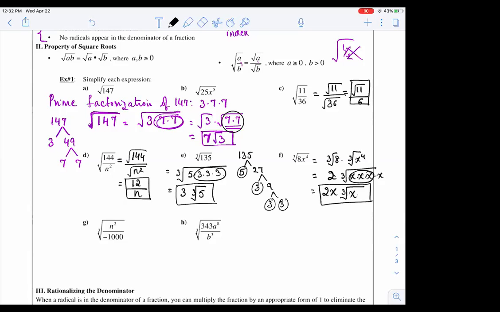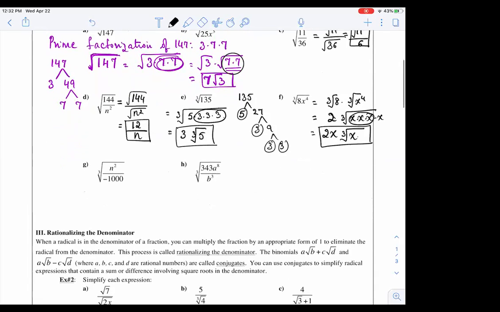Okay, next is G. This is a fraction, so we have to split the fraction. Cube root of the numerator, which is n squared. Cube root of the denominator, which is negative 1000.